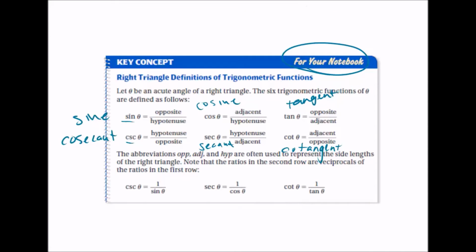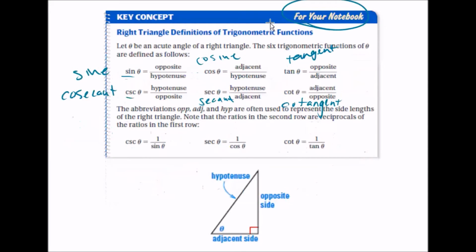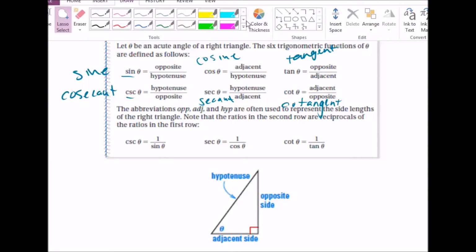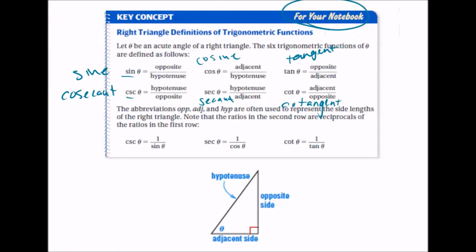Maybe I can drag one in from somewhere else. Okay, so looking at this right triangle, we can use these functions, sine, cosine, tangent, and these other three as well, but the basic three are sine, cosine, tangent, to find out what the lengths of these sides are going to be, or what the angles of the triangle is going to be for a right triangle.